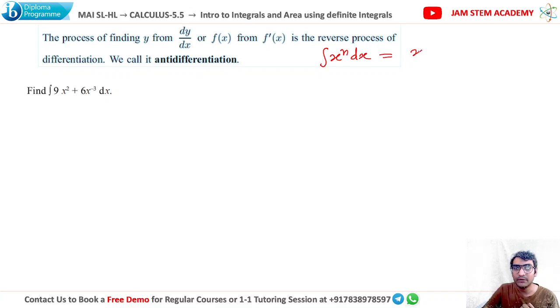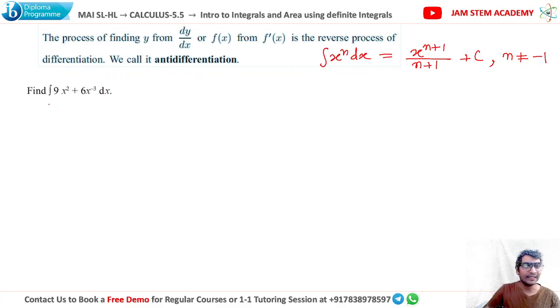So if you take x to the power n plus 1 over n plus 1, and differentiate it, you will get x to the power n from here, right? So add plus c to it, and remember, n must not be equal to negative 1. For all other values of n, you can use this, but if n is equal to minus 1, then you cannot apply this one. We have a different formula for that in terms of logarithms.